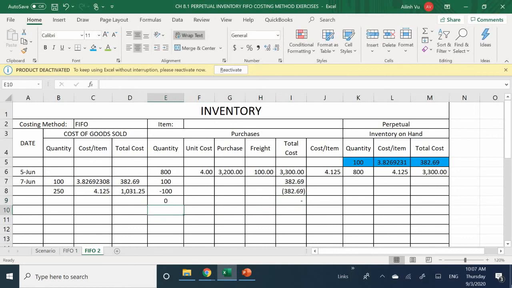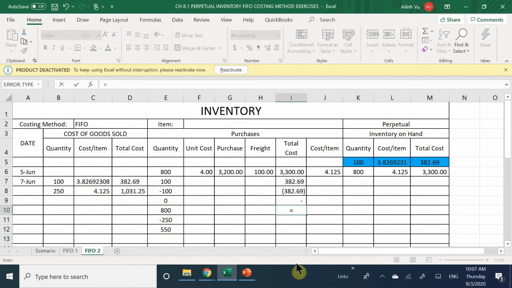And then to that, you put 800 minus 250. That's 550. Good. And then the cost on the 800 is 3,300.